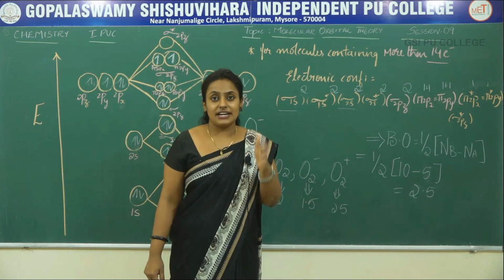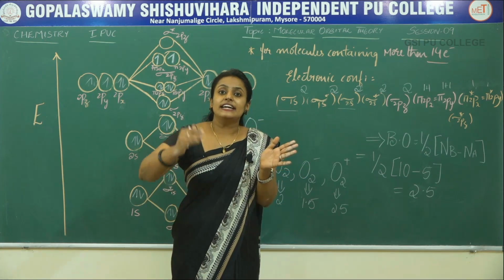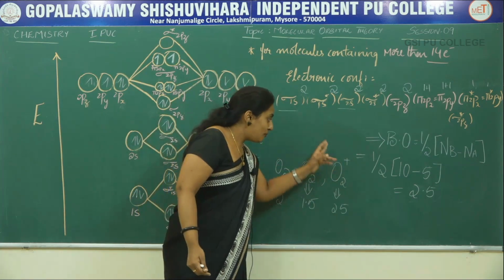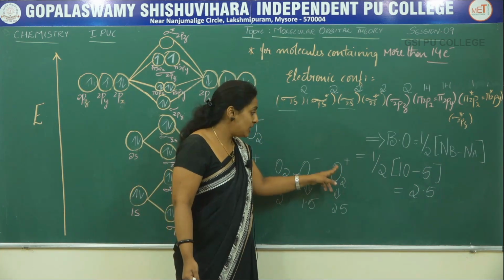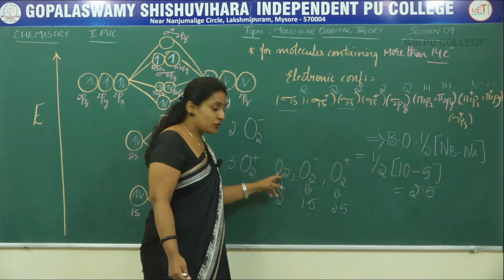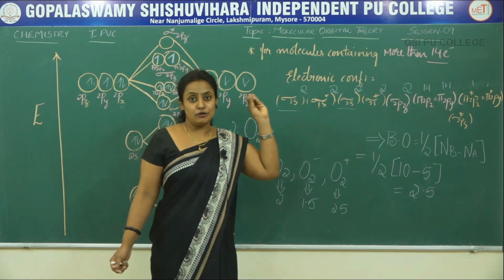Always the bond order is directly proportional to the stability. Greater the bond order, greater would be the stability. Therefore in these three molecules O2 plus has maximum stability because the bond order is greater in O2 plus compared to O2 and O2 minus. This is about the bond order related to stability.